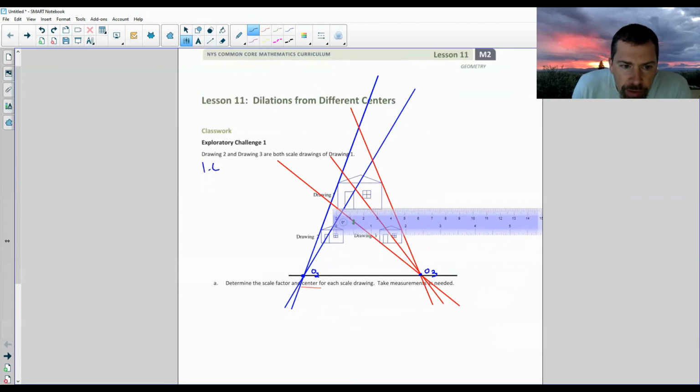So 1.6 times r equals 3.2. To solve for r, we divide both sides by 1.6. Those cancel. And r is 3.2 to 1.6, and that equals, actually it's the other way around. My apologies.